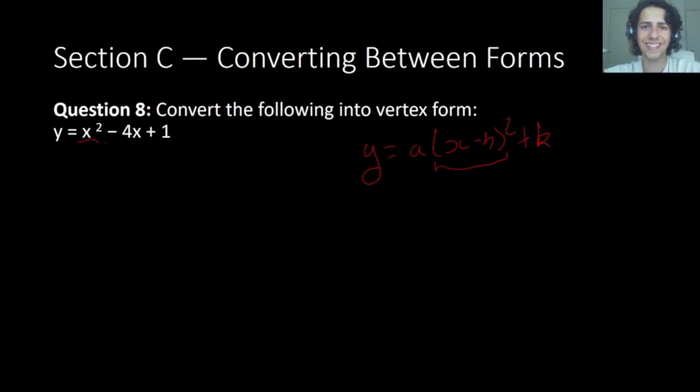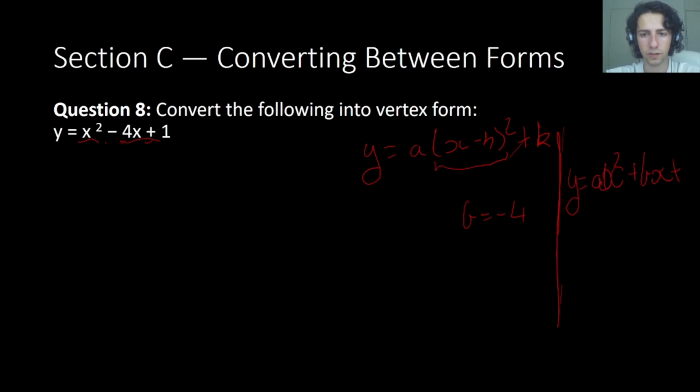So because this is in a standard form, we can look at what we have here, and we're going to have to do something with our b. It's going to be a very interesting trick to get us a squared value. So look at our b, which is -4. Again, remember the general form for the standard definition.